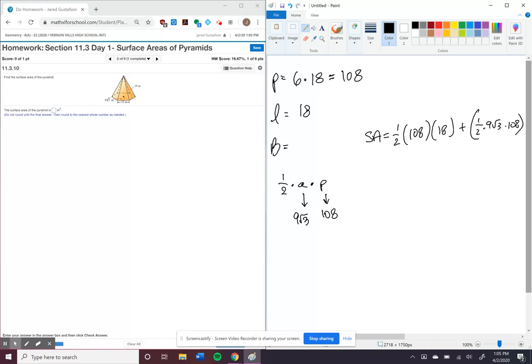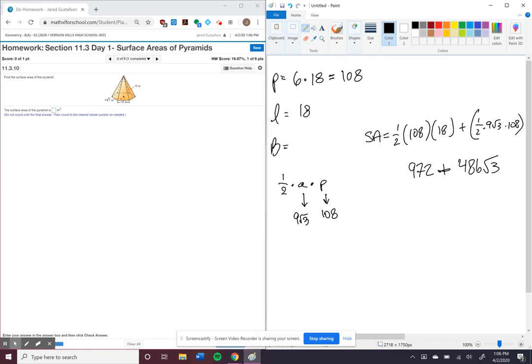I gotta take out my calculator. So 108 times 18 divided by 2 is 972.